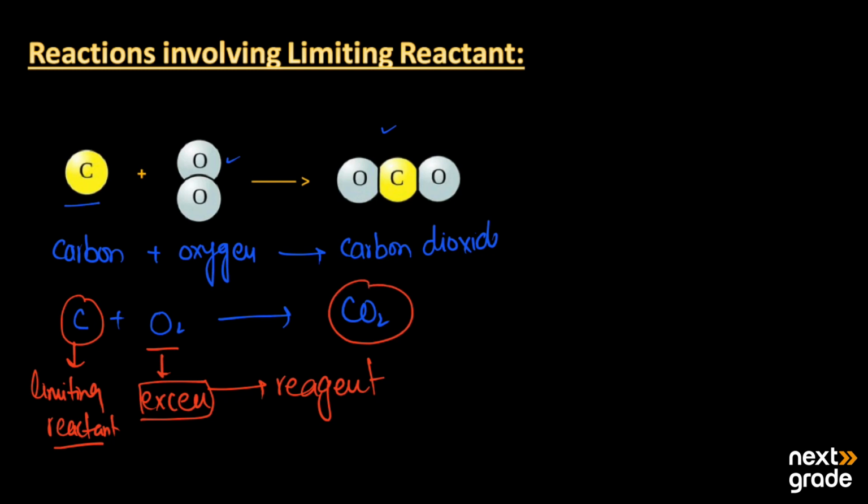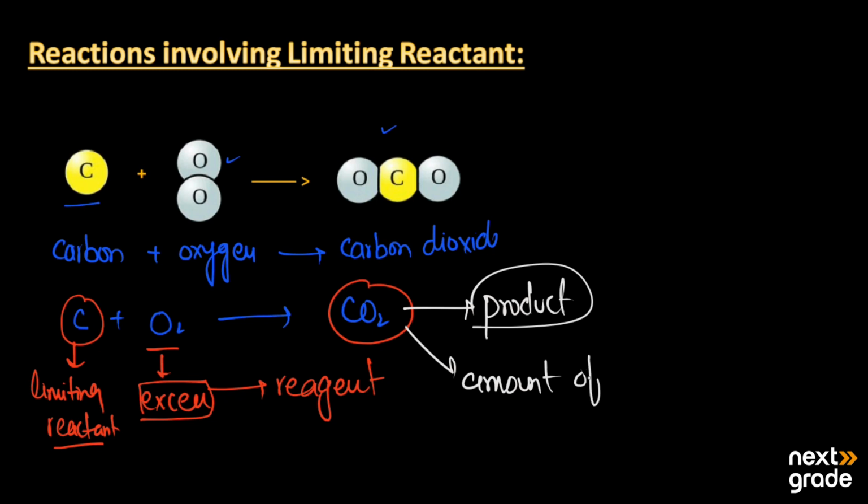The production of carbon dioxide depends upon the amount of carbon that is present to react with the oxygen. So here carbon is the limiting reactant for this reaction.